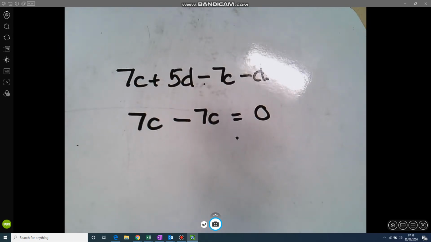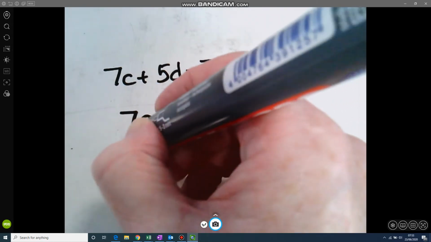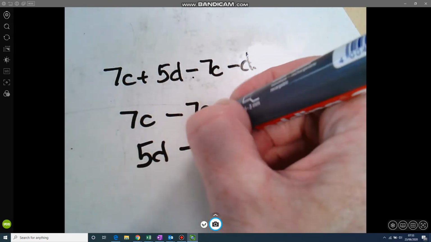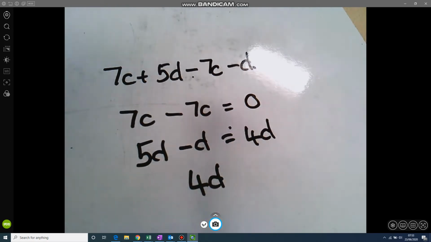If I had 7 apples and I eat 7 apples, I have 0 left. So 7c minus 7c is exactly 0, and then I have 5d minus d, which equals 4d, and so that is the final answer, 4d. We don't have to show that you would add the 0.